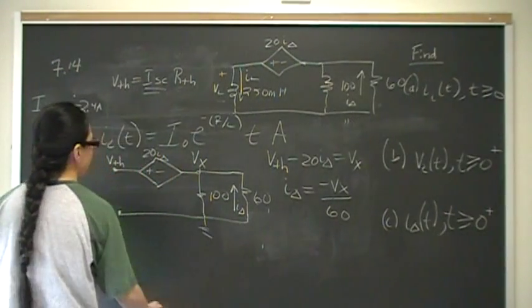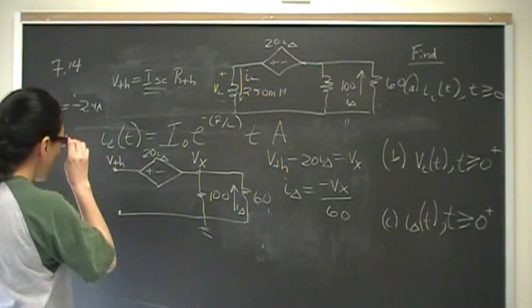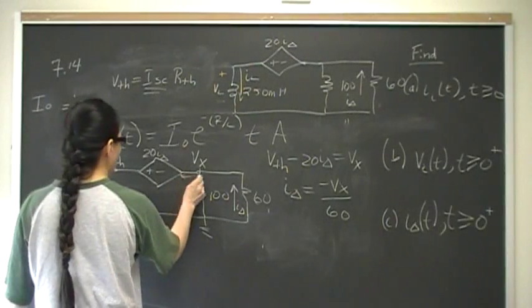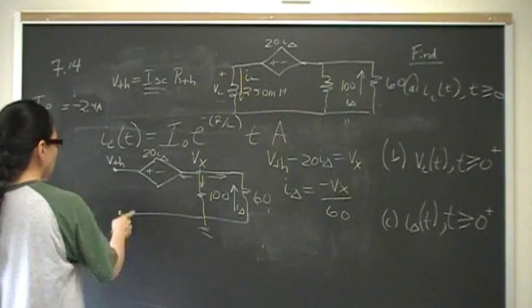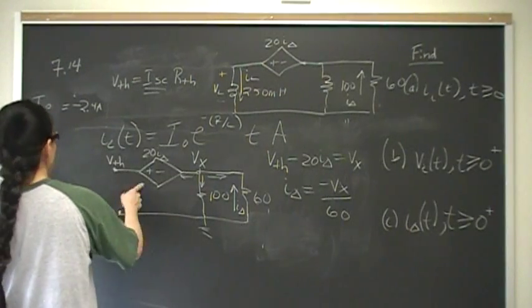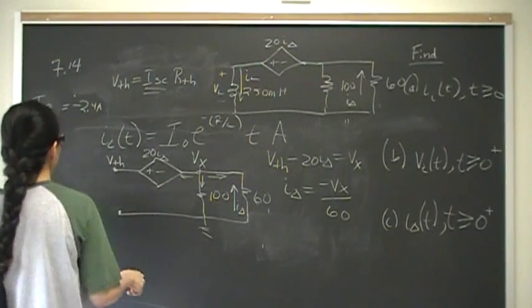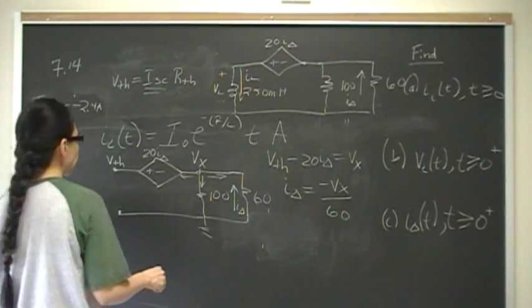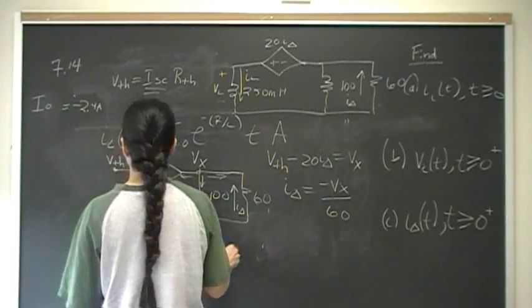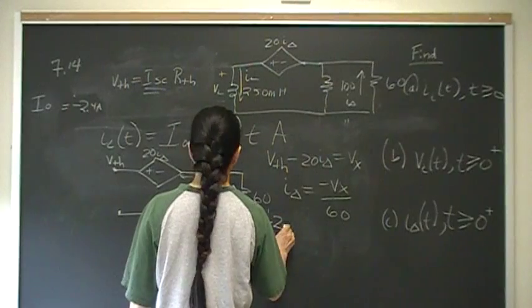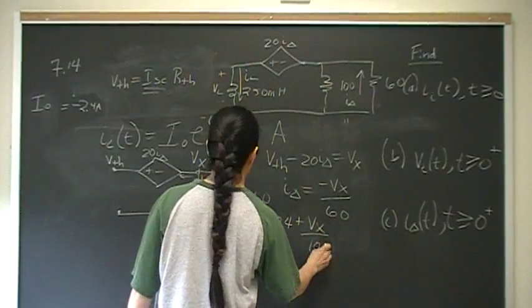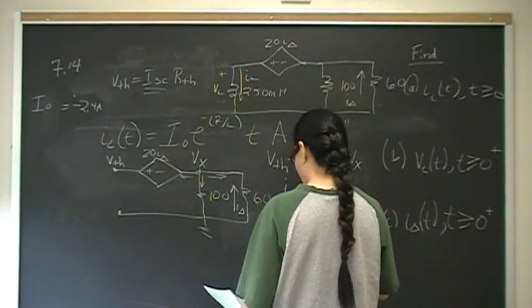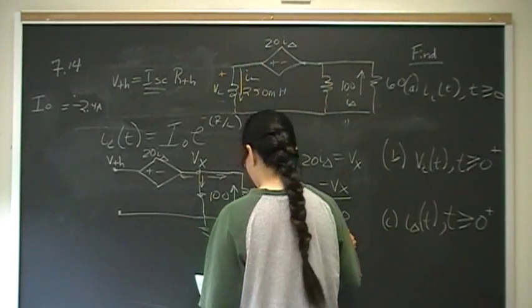We need to write KCL, current through KCL like that. We know the short circuit current, going towards the ground, is going to be negative 2.4 amps. So that's going to be negative 2.4 plus Vx over 100 plus Vx over 60.